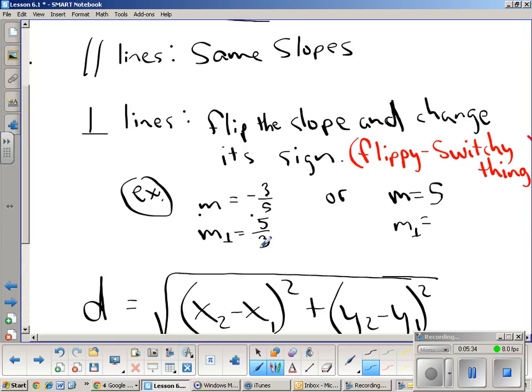So it was a negative, and now it's going to be a positive. Now you don't have to write the positive. I'm just showing that so you can see it's a flippy switchy. Now, if my slope is 5, what's my perpendicular slope? Now remember, 5 can be written as 5 over 1. So I flip that. It's 1 over 5, and it was positive. It now becomes a negative.